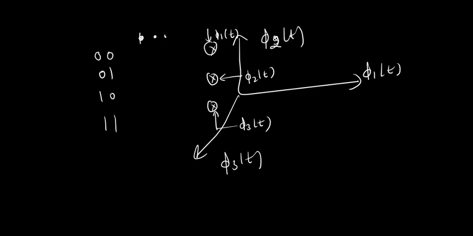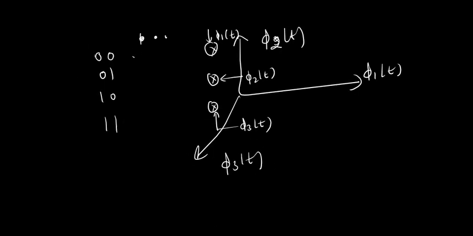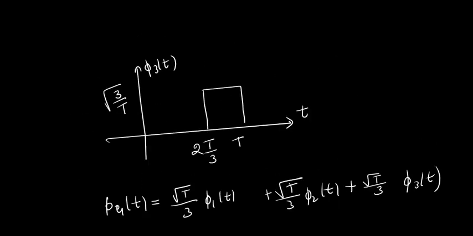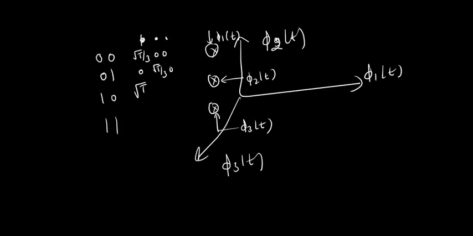Yes or no? And 0 will be mapped to root 2 by 3, 0, 0, and so on. Just let me know if I have made any calculation mistake.